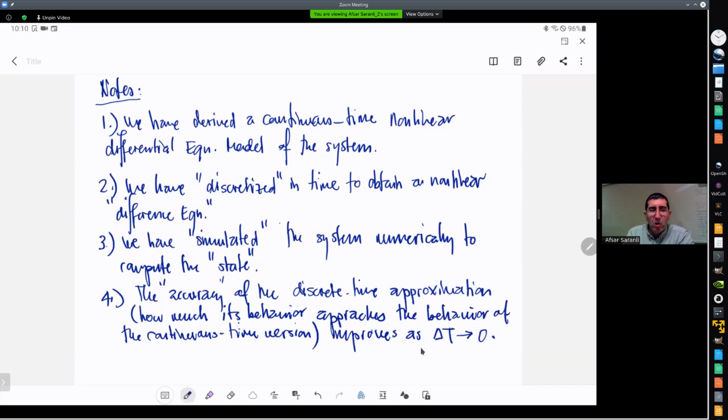Okay, the smaller the time interval, the better the approximation.